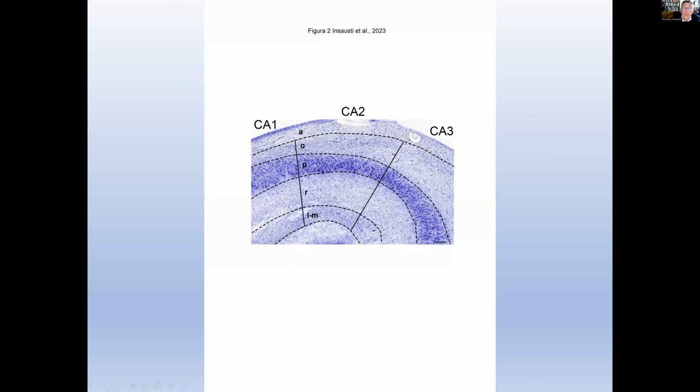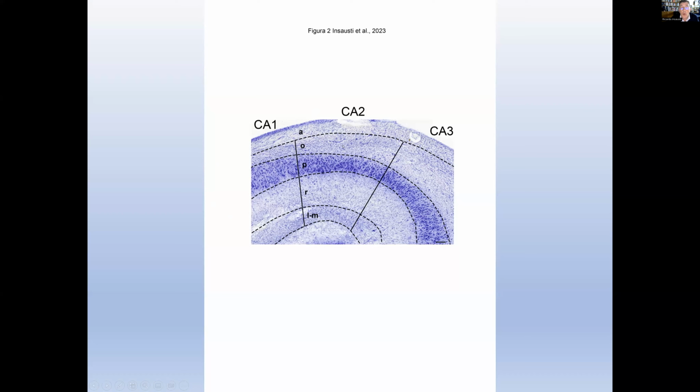We start with the alveus, which is just turning into the pial surface. That will be the surface that borders the cavity of the lateral ventricle, the temporal horn of the lateral ventricle, and then there are just fibers, so the density of neurons is very small.